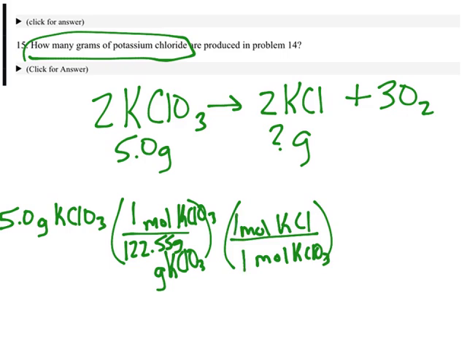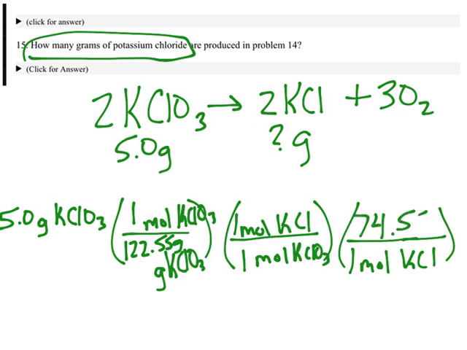And it's a 1-to-1 ratio because of the 2 to the 2. You could put the 2 to the 2, but you don't have to. And 1 mole of KCl is, we just had this guy's molar mass as well, 74.55 grams. Plugging this one in to 2 sig figs, you get 3.0 grams of KCl.